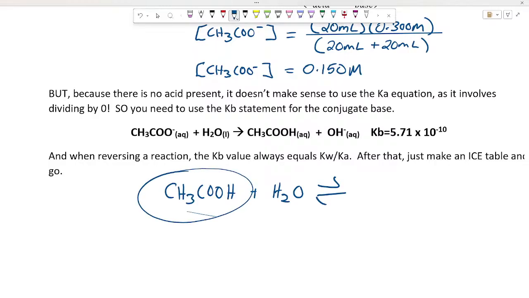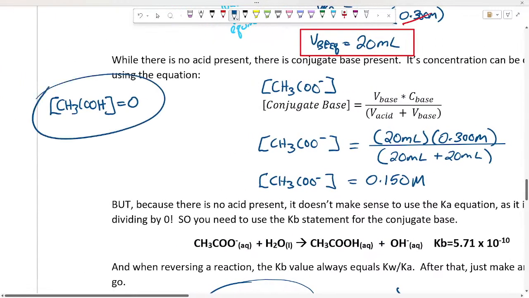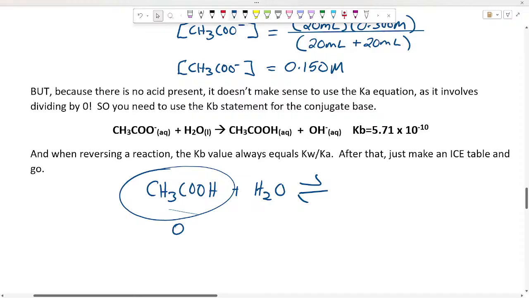What is the concentration of this? Now that we've done all this equivalence pointing, what's the concentration of that? 0. We don't have any. So this reaction isn't going to happen. Does that make sense?